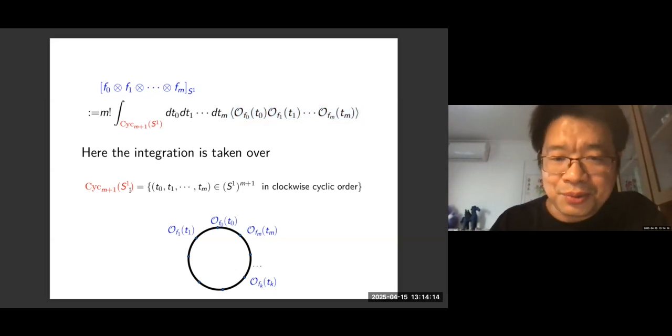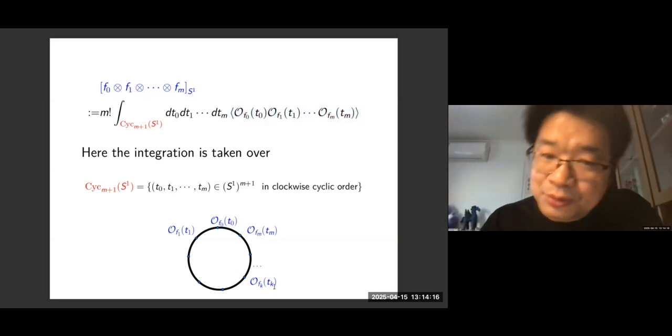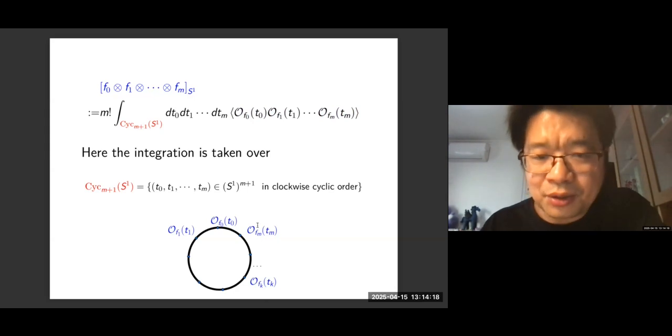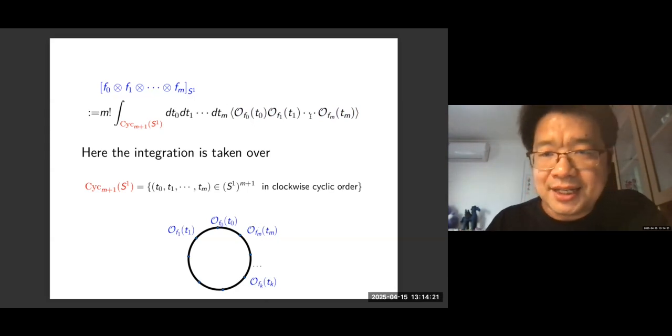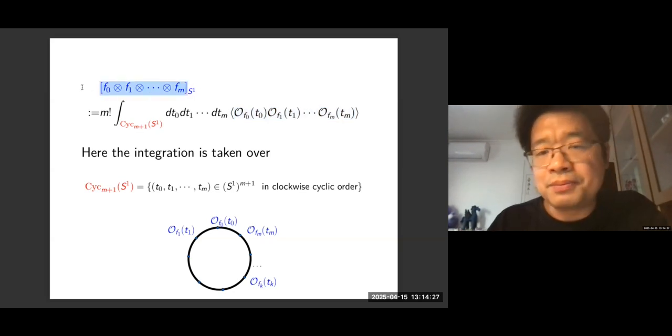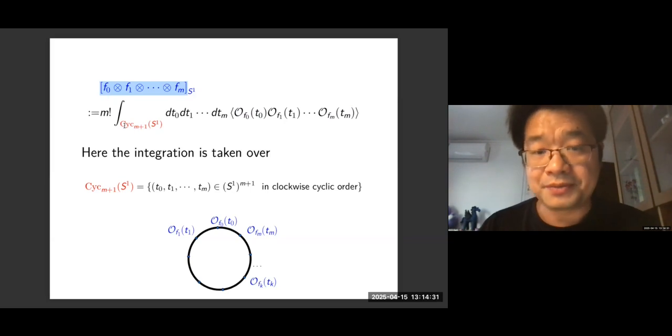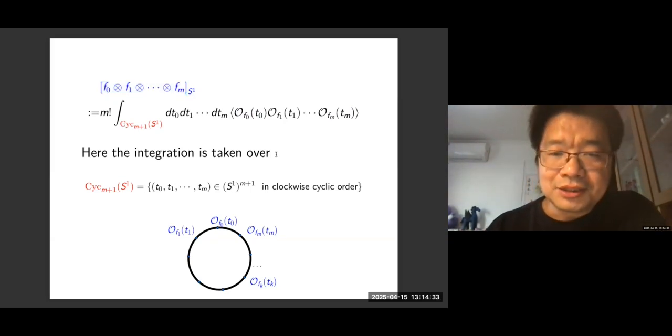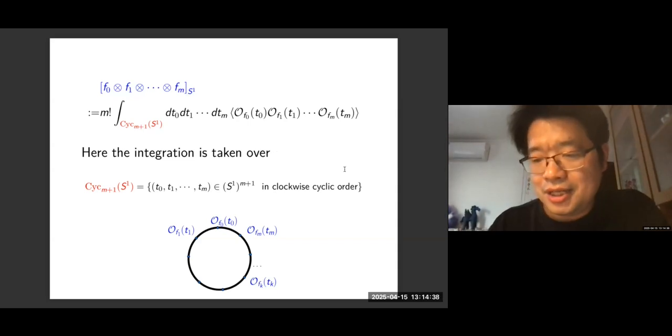Because this depends on x and p and also on h bar, the value of this S1 quantum product is going to be a function of x, p and h bar. So that's my definition, a quantum correlation.